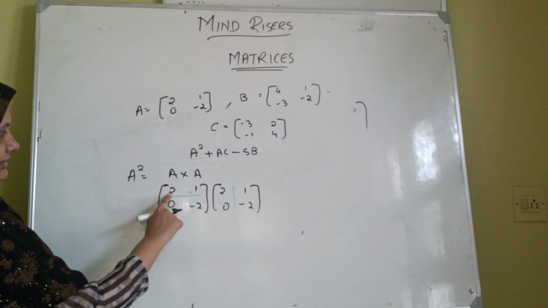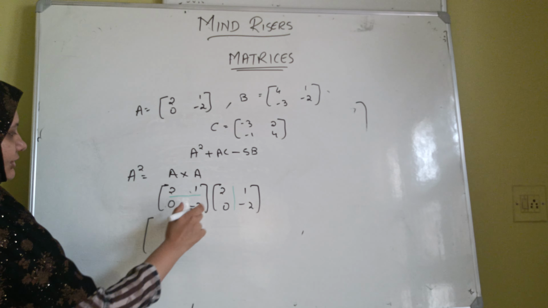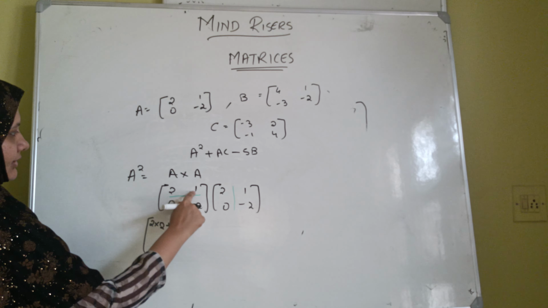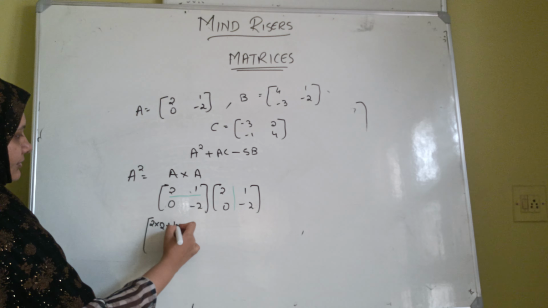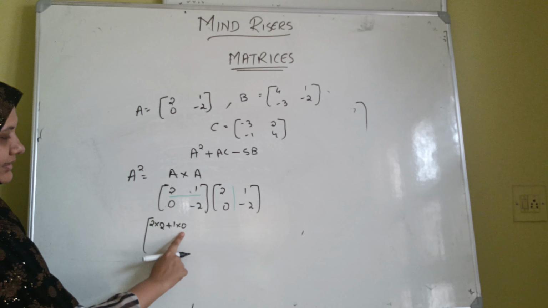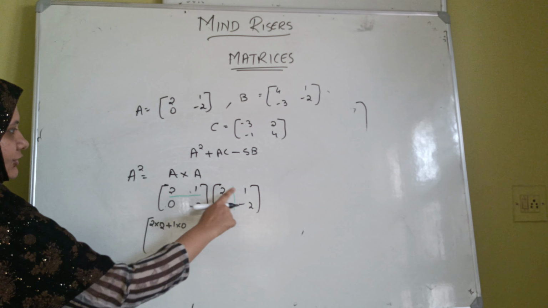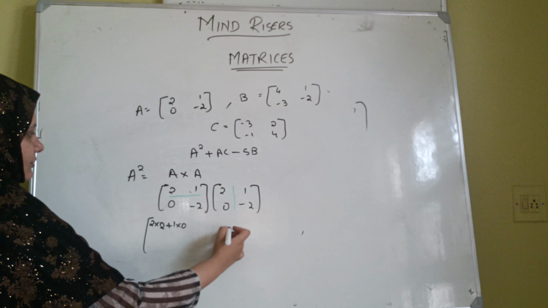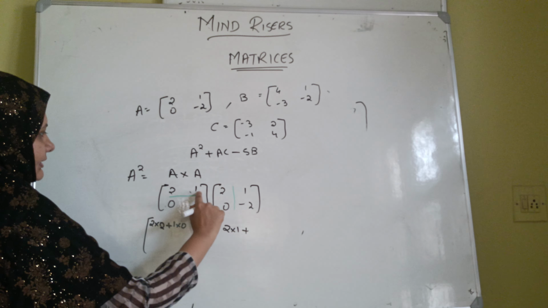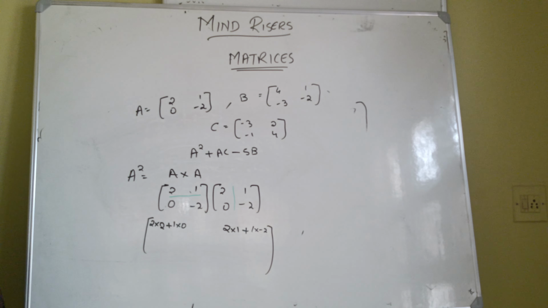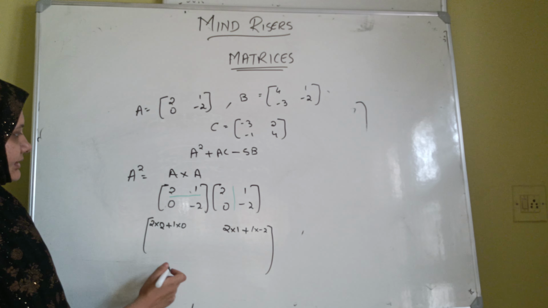You take this first number, multiply with this number, 2 into 2 plus this into this, so 1 into 0. So this entire thing is going to give you one number. Alright. Now then 2 into the next column element, so 2 into 1 plus 1 into minus 2 would be the second column's first number.